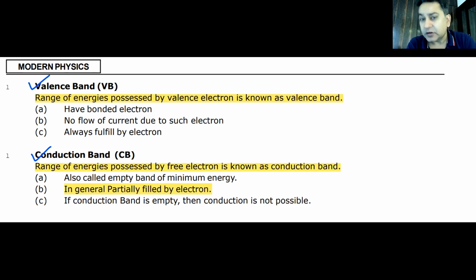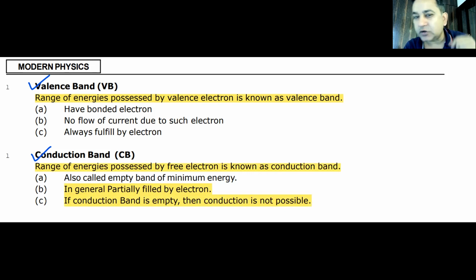Yes, sir. But there may be some electrons present in the conduction band. Normally, if the conduction band is empty, then electricity conduction is not possible, because conduction can only happen when you have free electrons.